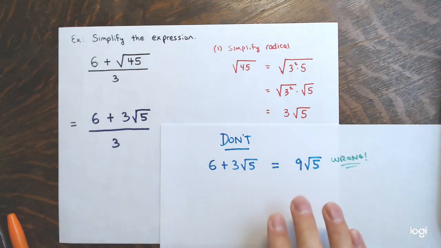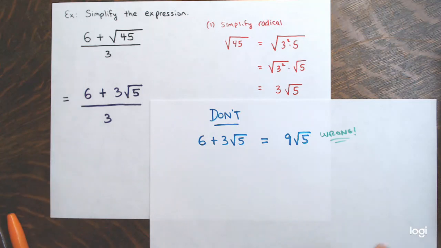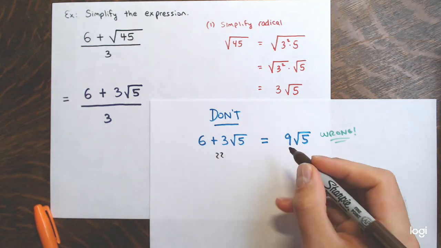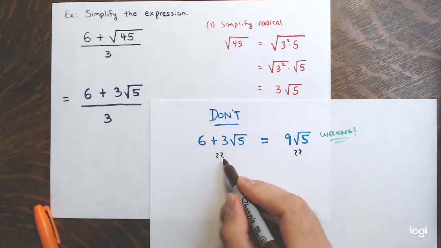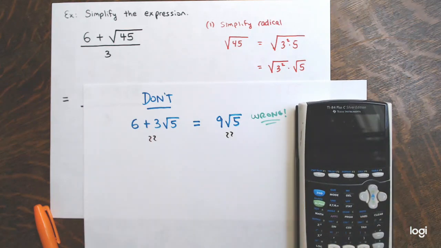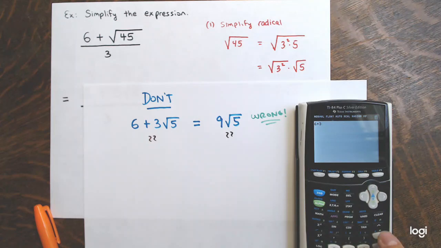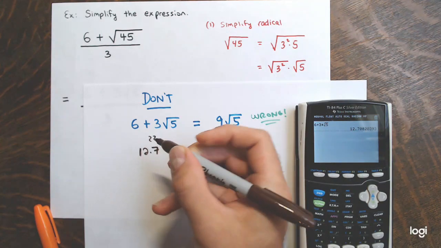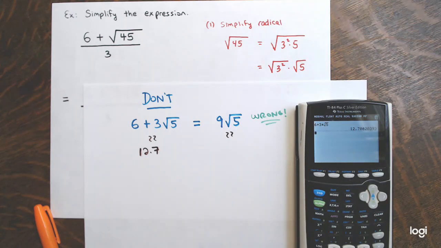Additionally, let's actually punch these in a calculator and see what values we're getting. And I'll put a little wavy equal, approximately equals. If I punch these numbers in a calculator, 6 plus 3 times the square root of 5, the left side, is approximately 12.7, just to one decimal place.